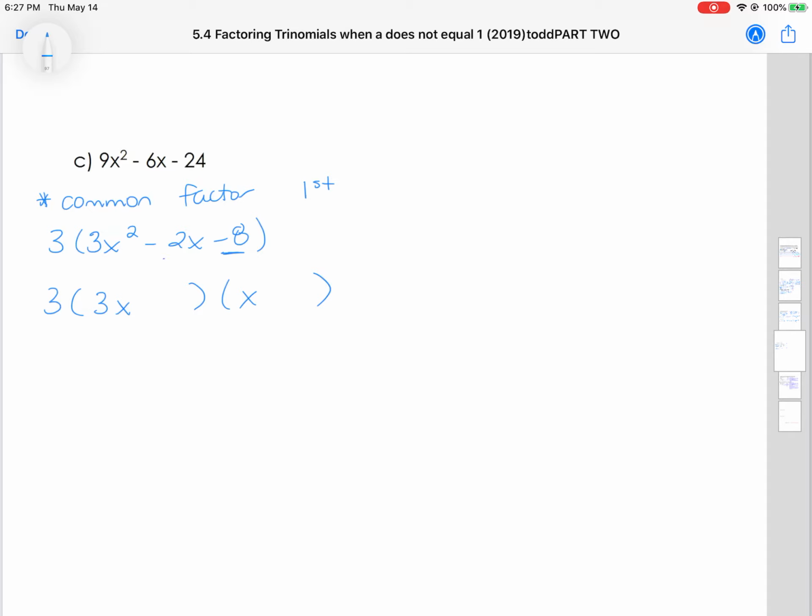So 2 numbers that multiply to negative 8 and add to negative 2. So that's going to be negative 4 and positive 2. But again, this is simple. These are the only possible choices. So if it's more complicated, I would choose one of the other methods.